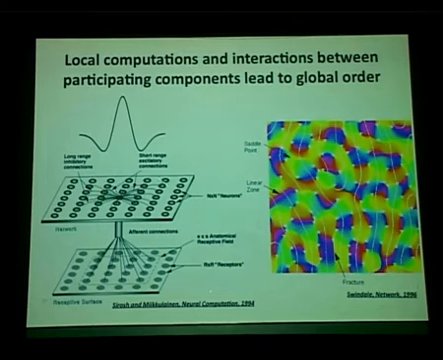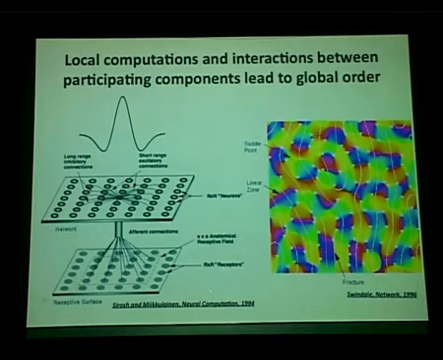So this has been heavily used, and thanks to Kohonen and others, the idea of self-organization, where local computations and the interactions which are specific in nature between participating components, in this case neurons, lead to global order where the maps are formed in a certain order. You get global order not because you are enforcing it on the system, but because there are local computations and interactions between these adjacent compartments.